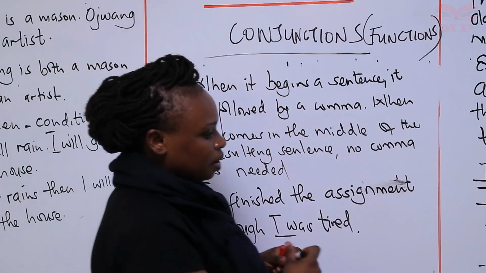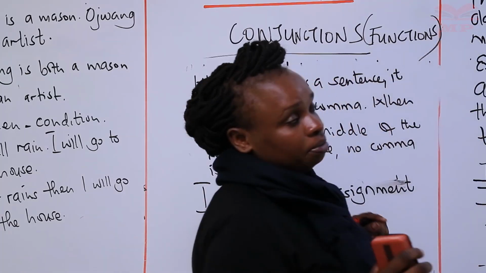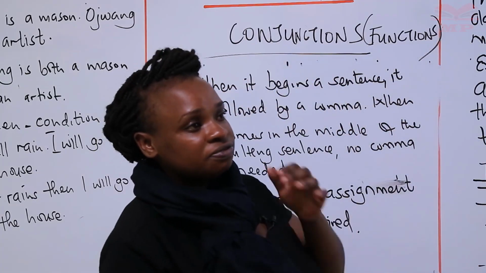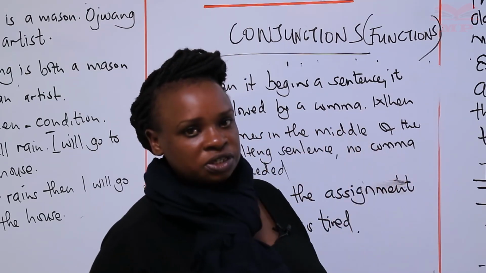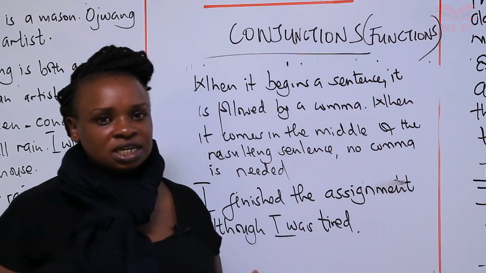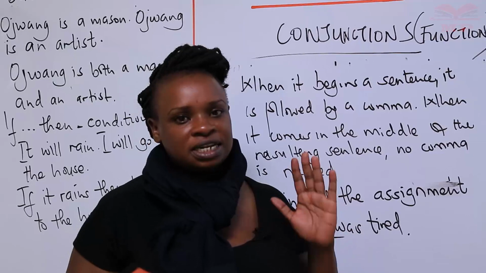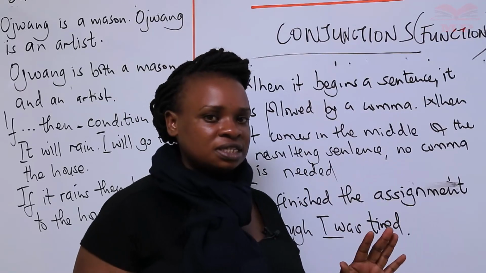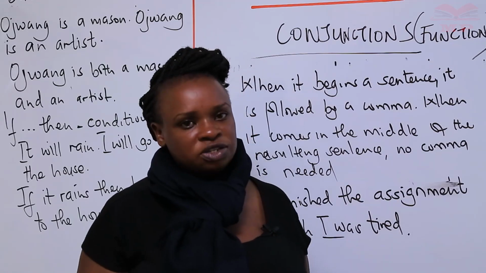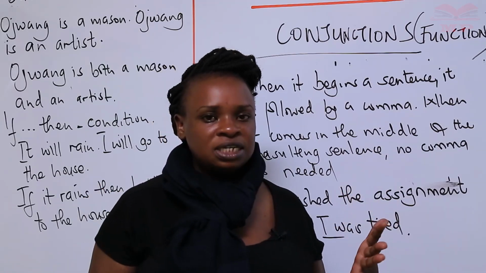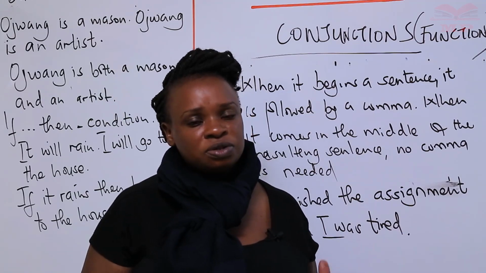Okay. Now, let me give you an exercise on the same. So remember, let me just go through it. We've looked at coordinating conjunctions, and we said coordinating conjunctions link ideas. All right. And we had three: and, but, and or. And is used to link events. Or is used to give alternatives or choices. And then but is used to bring contrast. All right. And then we looked at correlative conjunctions in their various usages. They also link.